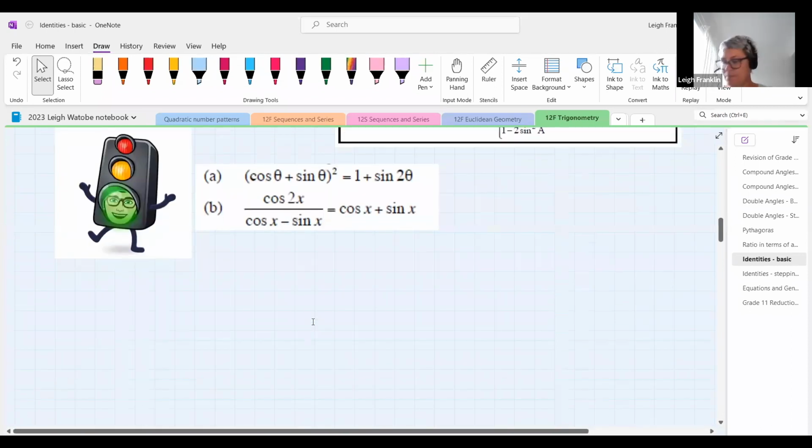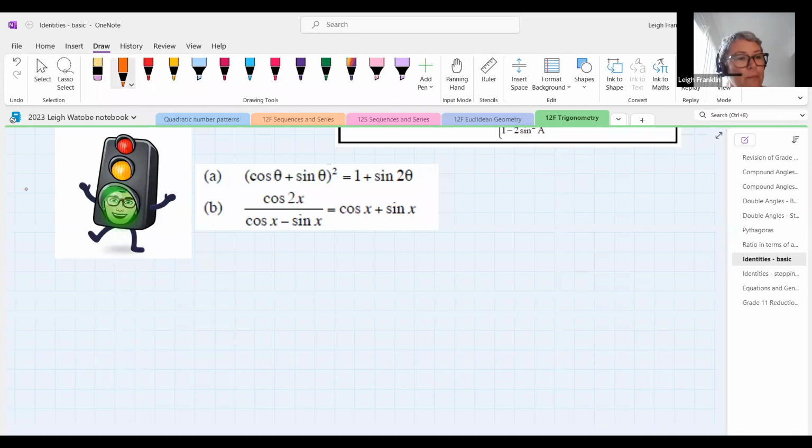Ma'am, at A, I did the left-hand side. I split the two brackets. Okay, so did you write cos theta plus sine theta in brackets, and then you wrote another bracket? Yes, ma'am, I did.